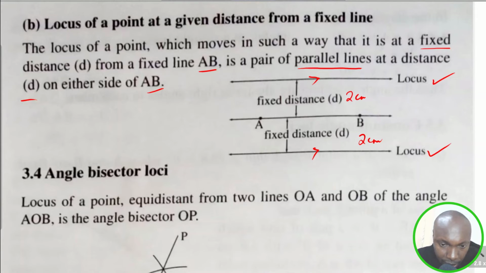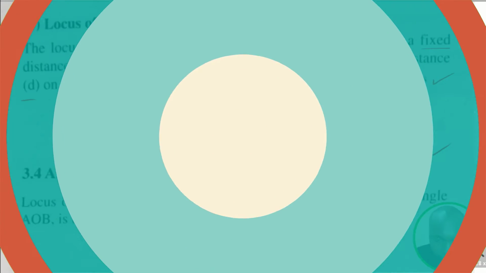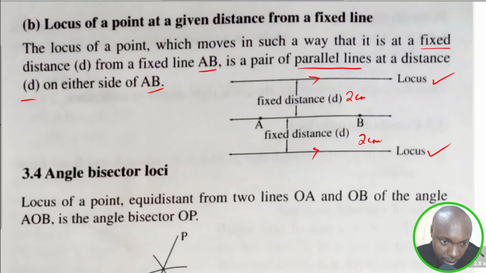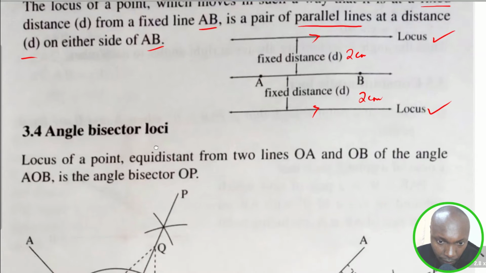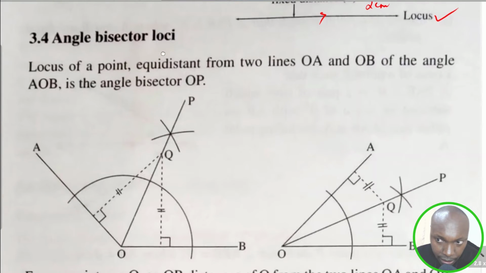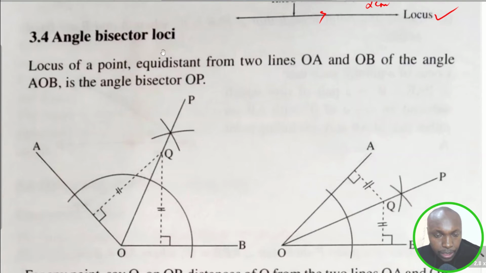So the other one is the angle bisector locus. The other type of locus is the angle bisector locus, the angle bisector loci. Now, which type of loci is this? This one is a locus of a point equidistant from two lines, OA and OB. These are the most important things. The angle bisector loci is the locus of a point equidistant from two lines, that is OA and OB, the angle.